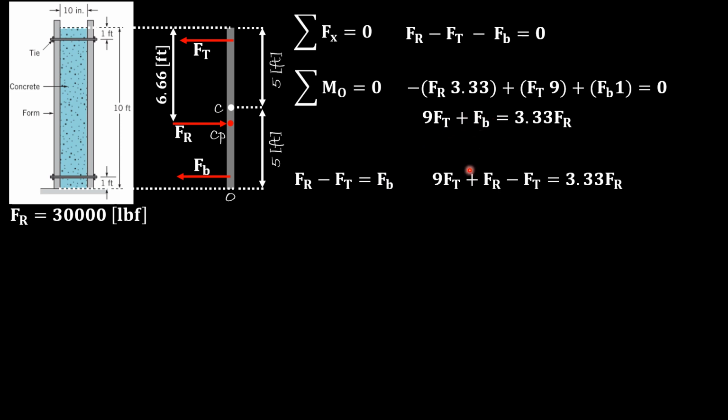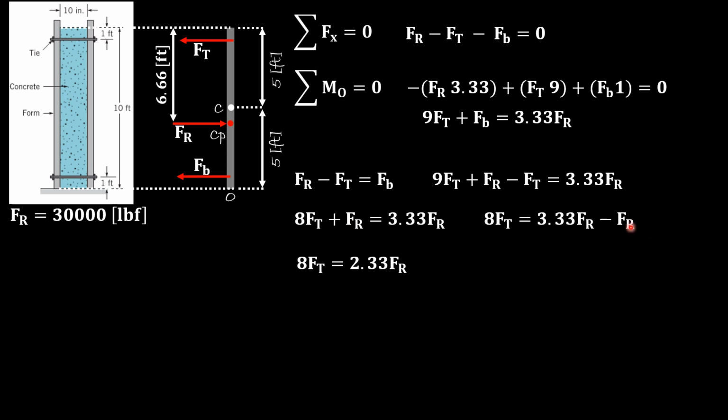So it will be 9 F sub T. Now we substitute F sub B with this expression, F sub R minus F sub T, equal to 3.33 F sub R. So 9 minus 1, because here is F sub T and here is F sub T, so it will be 8 F sub T plus F sub R equals 3.33 F sub R. So F sub R will move to the other side. We will subtract 3.33 minus 1, which gives us 2.33.